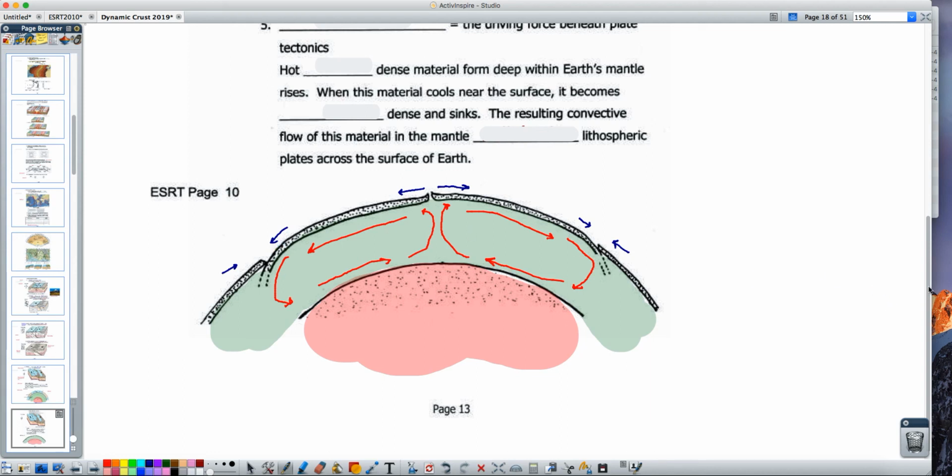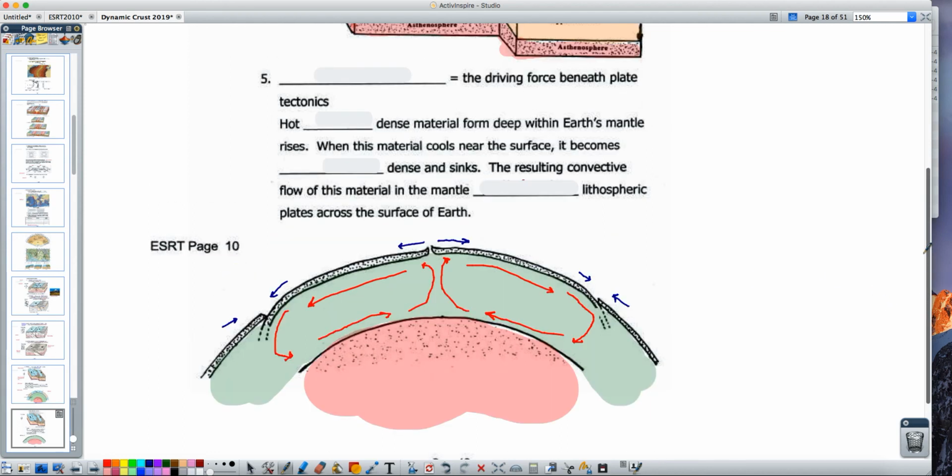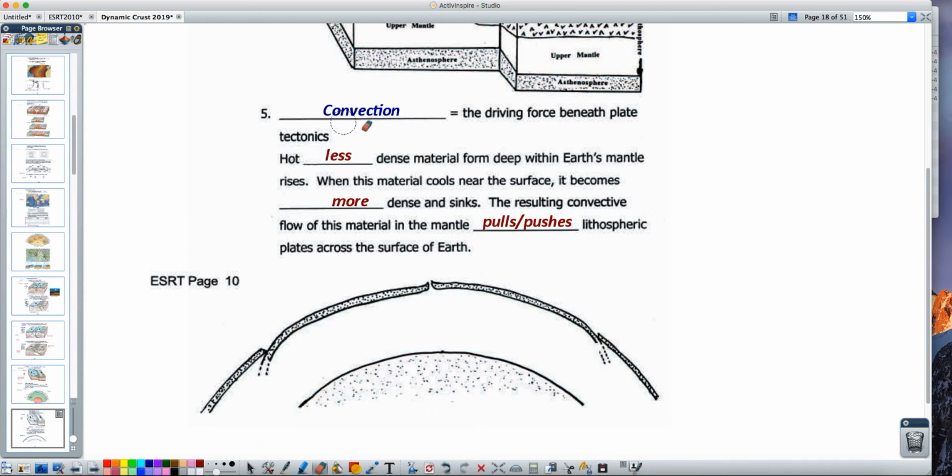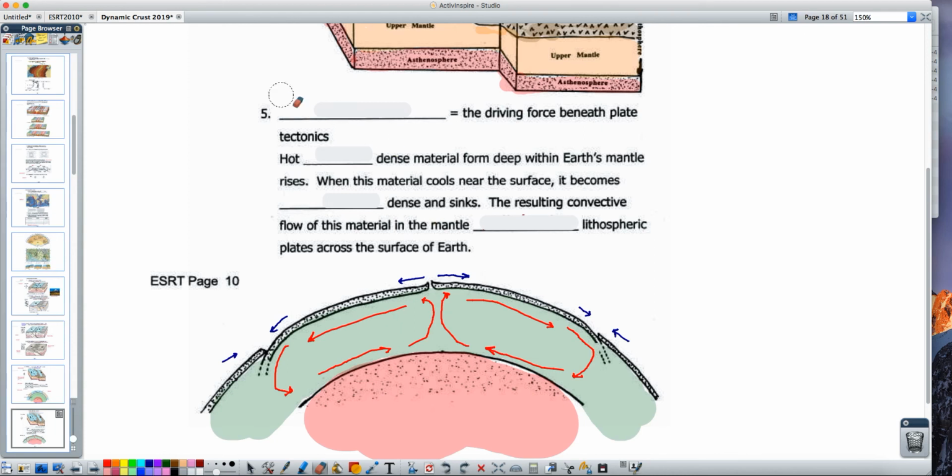Okay, so to get that into something we can write down, you can pause the video. What's happening here? Convection, this motion, is the driving force. Okay? So hot, less dense material rises, and then it loses its heat, and it becomes more dense, and it sinks.